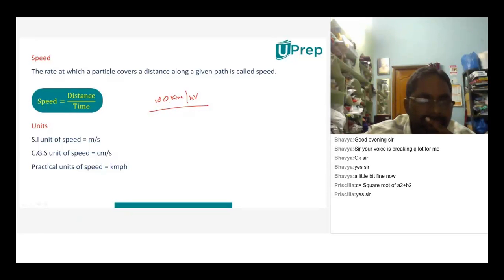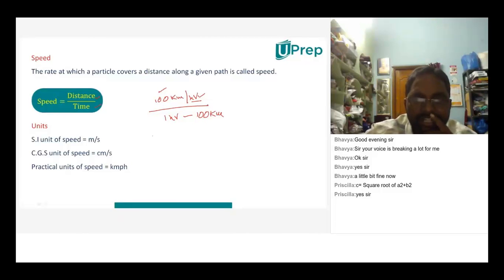Right. So the meaning of this will be: in 1 hour, your car can travel 100 kilometers. So distance by time generally will be called speed. How much distance is traveled in a unit time, in 1 hour of time, that is speed. So speed always will be given by one formula, which is distance by time.